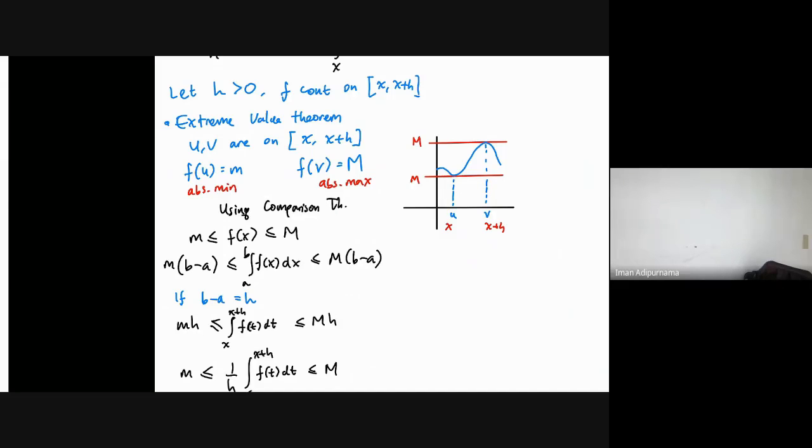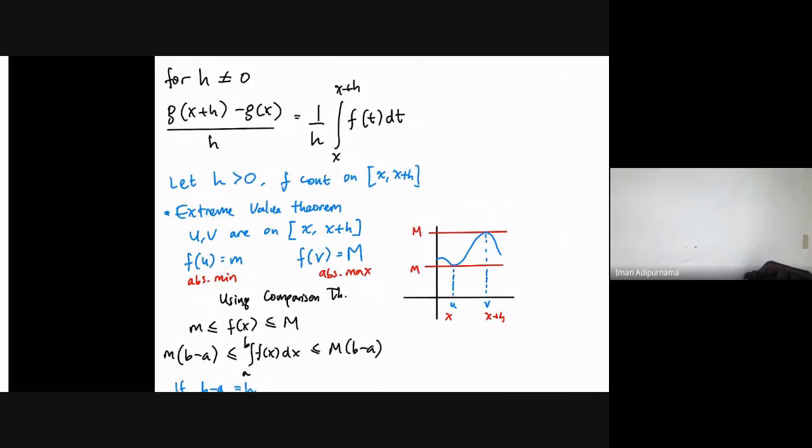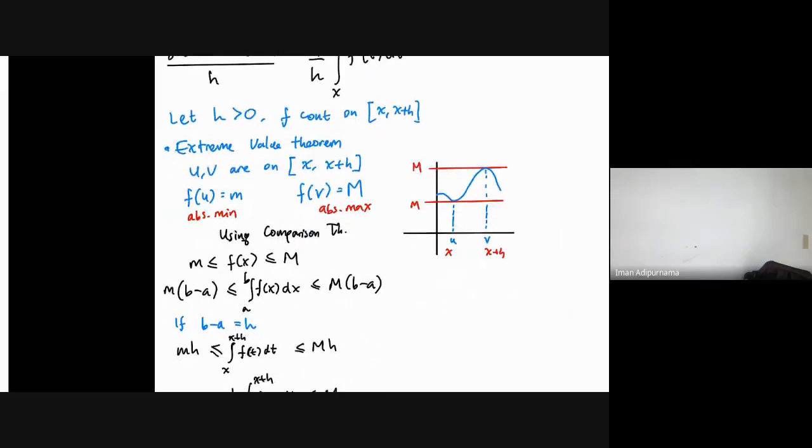So we have this theorem first, and we get some results here, and it also reminds us of this part. So we can approach with two ways. This is the first one. The second one is using the extreme value theorem and the comparison.